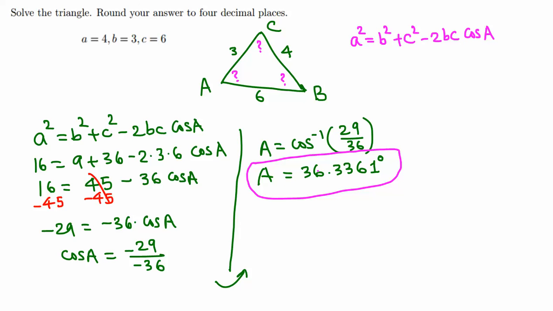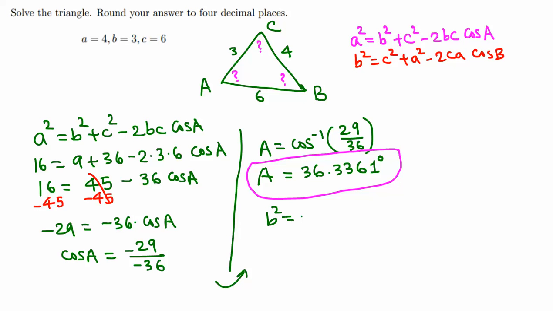So to find B, we can write the same type of law of cosines, which is for B. We start from B square equals C square plus A square minus 2CA cosine of B. Let's use that.